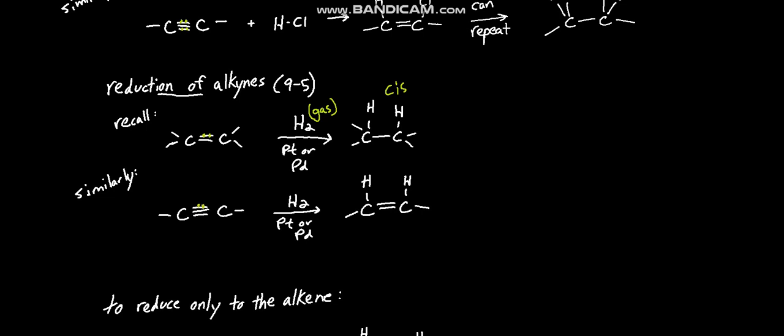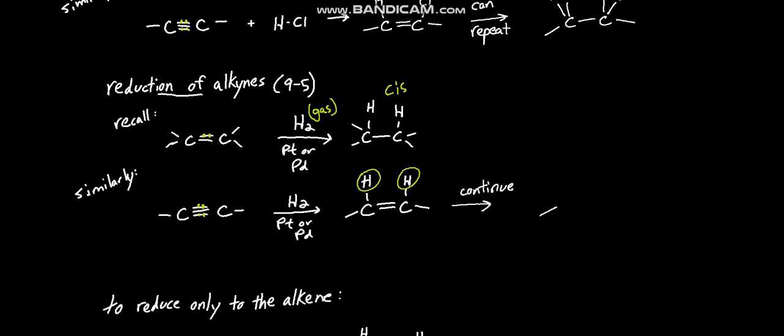An alkyne can react similarly with hydrogen gas over platinum or palladium, and you would get at first addition of a pair of hydrogens like that, but then it's really not possible to stop this because you certainly can't really regulate gases very well.